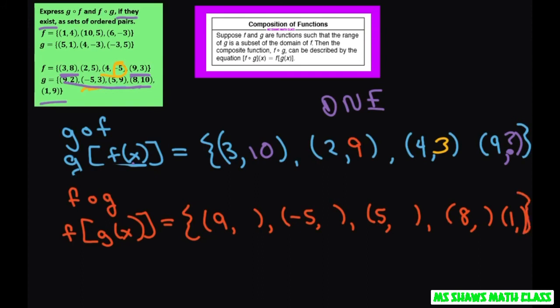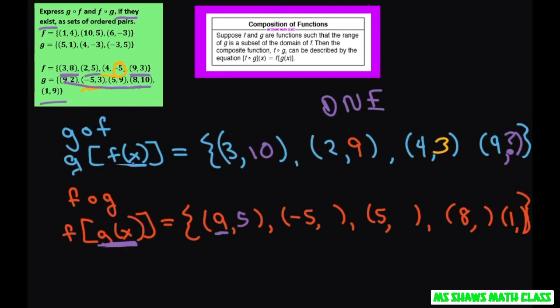I'll fix it later. All right. So now we want to start with 9 for our g. That maps to 2. So that's going to be 2. f of 2 equals 5. So 5 goes here.